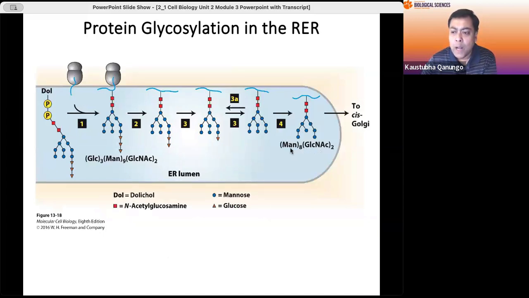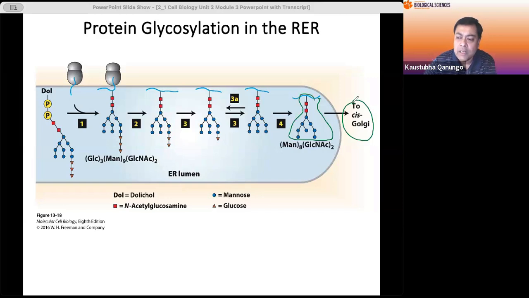You can see that once all these trimmings are done and you have 2 N-acetylglucosamine and you have 1, 2, 3, 4, 5, 6, 7, 8 mannose, this is the structure. It is approved that this can go to the Golgi for its destination. So this is the process with this. No specific question as such, except the dolicol phosphate, what it does.